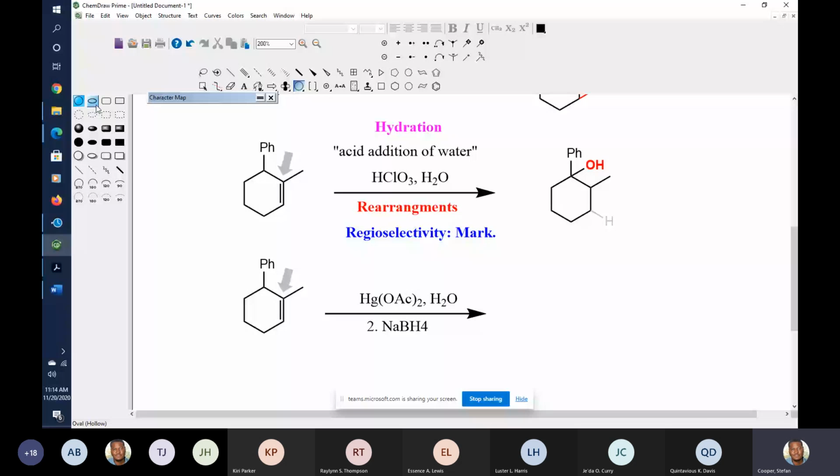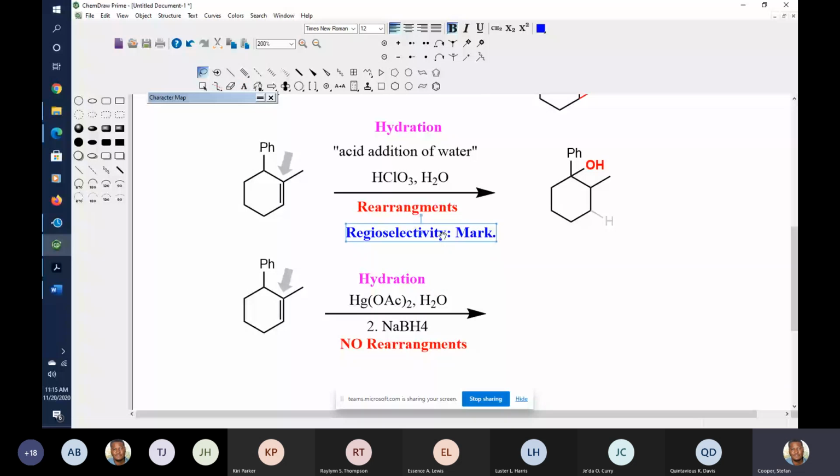This is also hydration. However, this one occurs with no rearrangement, and the selectivity here is the same as the Markovnikov part here.